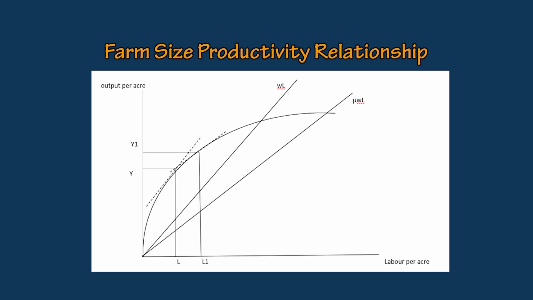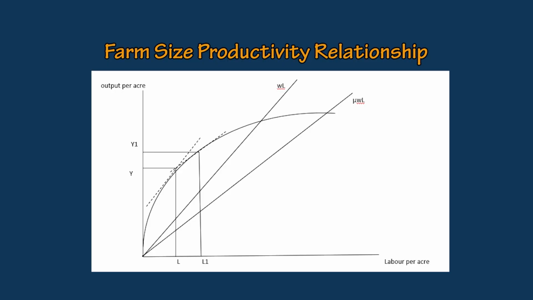The profit of the large farm will be maximized at that level where the slope of the production function will be equal to the slope of the positively sloped line WL. Now, in this case, this occurs at the employment level L and the corresponding level of output per acre will be Y.